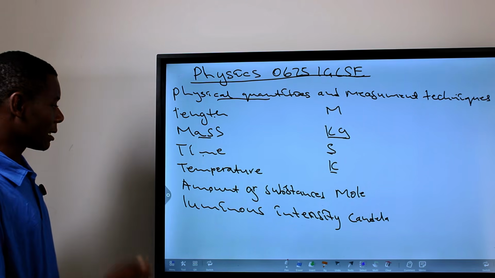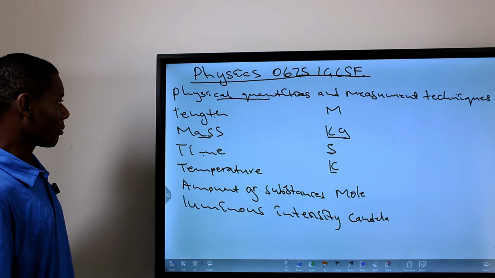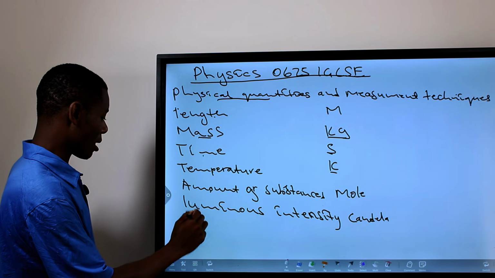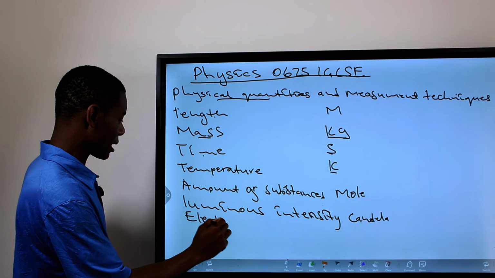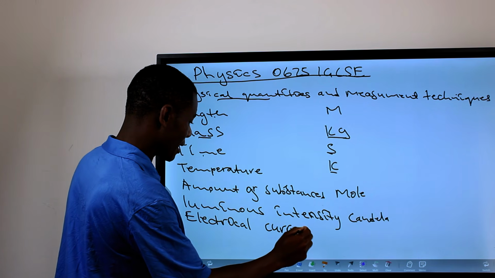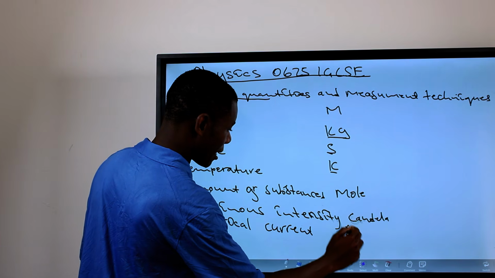So that's the 7 base quantities that we have. The other one is electrical current. The SI unit for electrical current is amps.